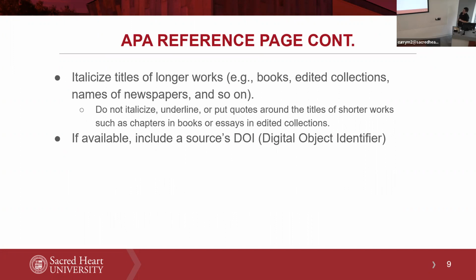But when it comes to what are called shorter works, so that's basically articles in a journal, articles online, or even chapters of a book, those do not get italicized. In fact, you don't even put quotation marks around them. And if this is available for APA, you would include the DOI of a particular source. So that's the digital object identifier.